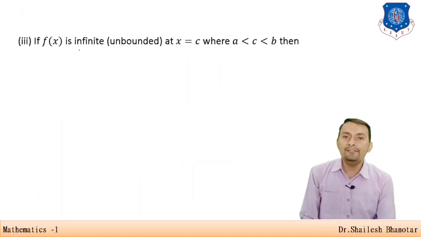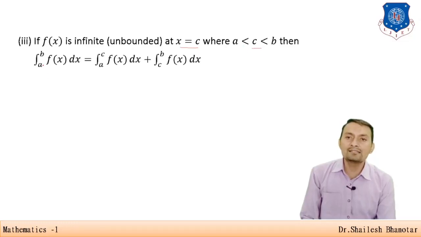If f of x is infinite at x equals c within the interval a to b, then the improper integral, integration a to b f of x dx, where c is between a and b, is written as integration a to c f of x dx plus integration c to b f of x dx.